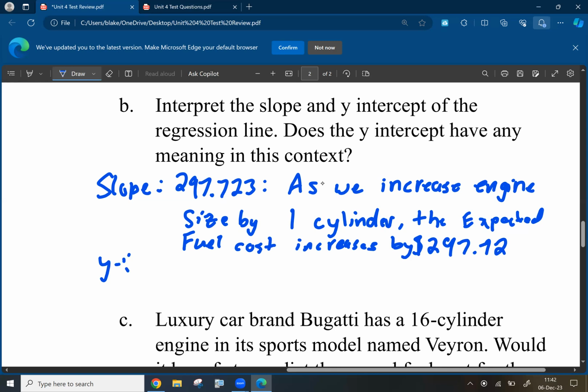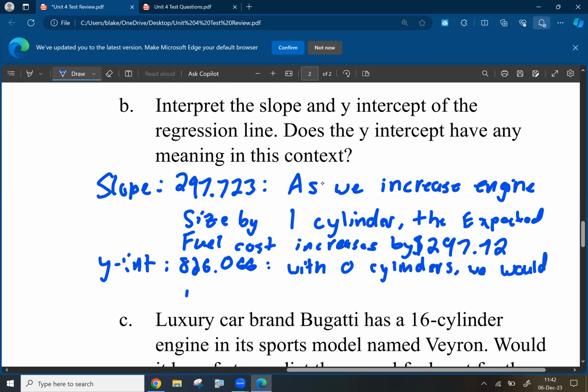So the y-intercept number is 826.066. And this means that with a 0 cylinder car, with 0 cylinders, we would pay $826 in fuel cost.